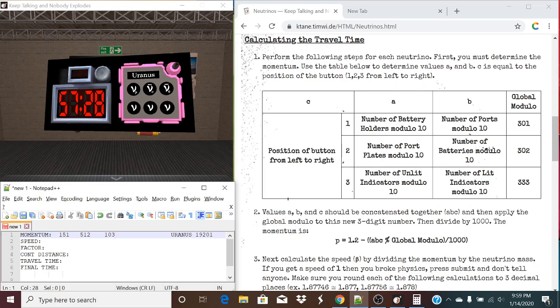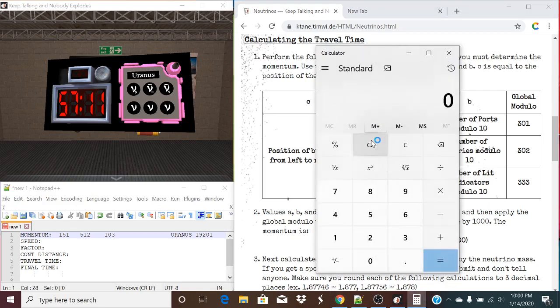Now before we go on, we need to apply for each neutrino a global modulo if it's over this specific value. Let's take a look. 151 is less than 301, so we're good. 512 is, however, not less than 302, so we're going to take 512 modulo 302. 512 minus 302 will take the remainder from this, giving us a 210 instead.